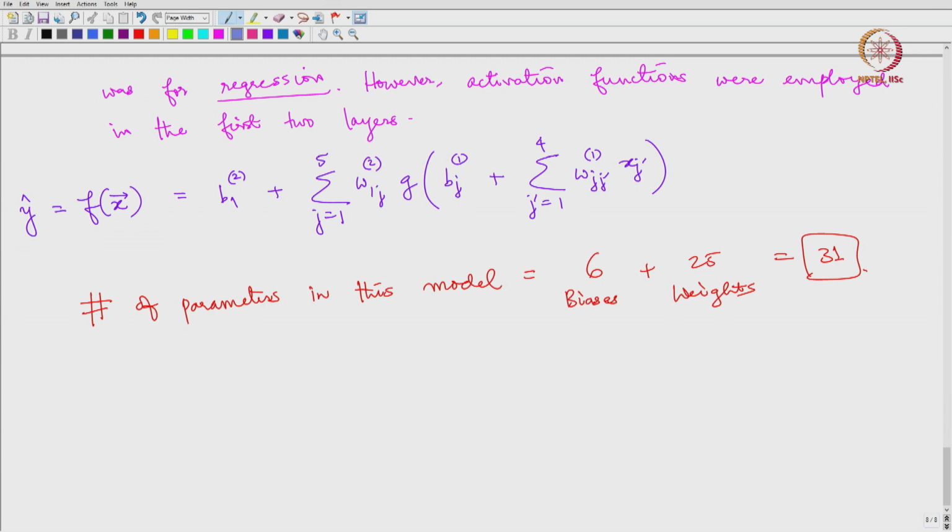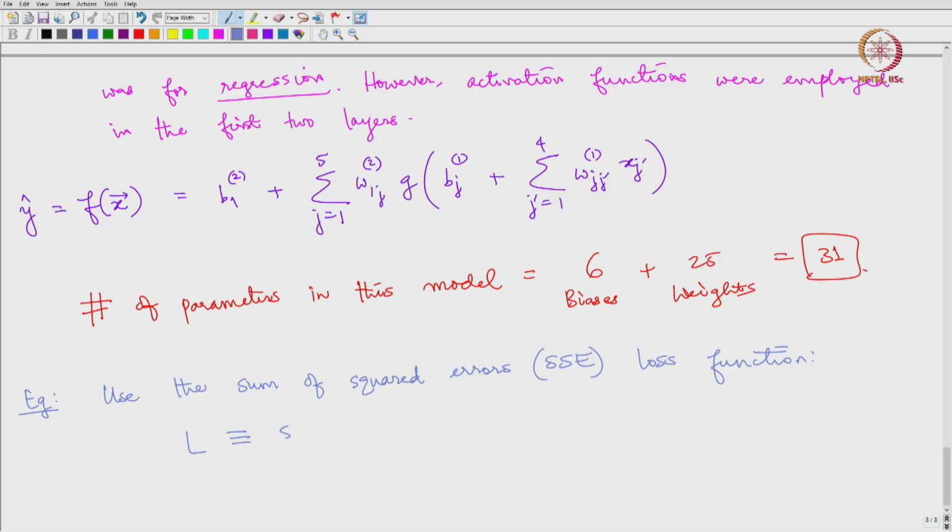So, let us say we use the sum of squares loss function, for example, we employ the sum of squared errors, SSE loss function. Now, you already know the expression for the loss function.